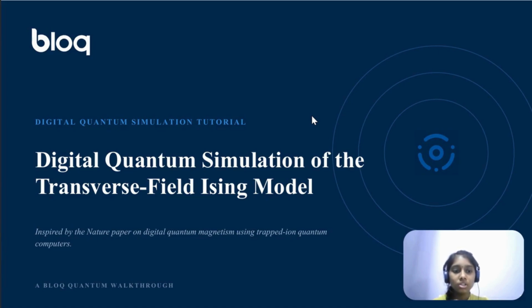Using just a 2-qubit circuit on the Bloq platform, we'll see how a quantum Hamiltonian can be translated into a quantum circuit using trotterization, and even though it is a smaller system, it still captures the same fundamental simulation principle. And we'll see how it works.